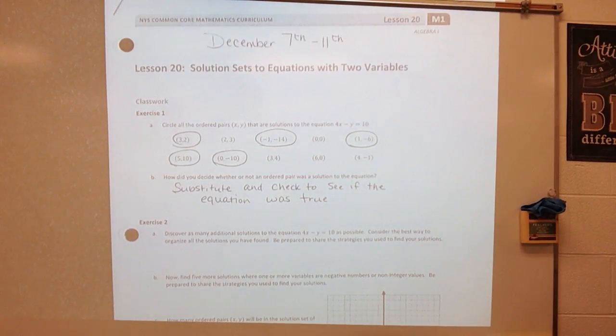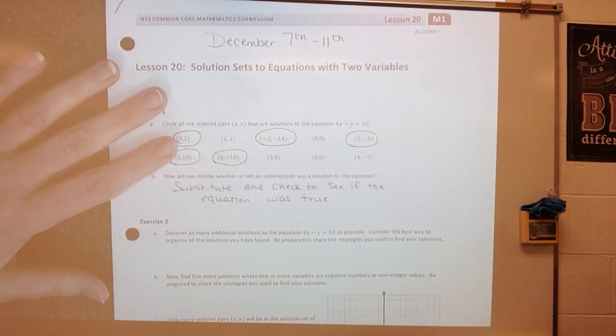Now, the two variable equation here in exercise 1 and the possible solutions are represented as ordered pairs. Just understand that we can represent those solutions as ordered pairs.